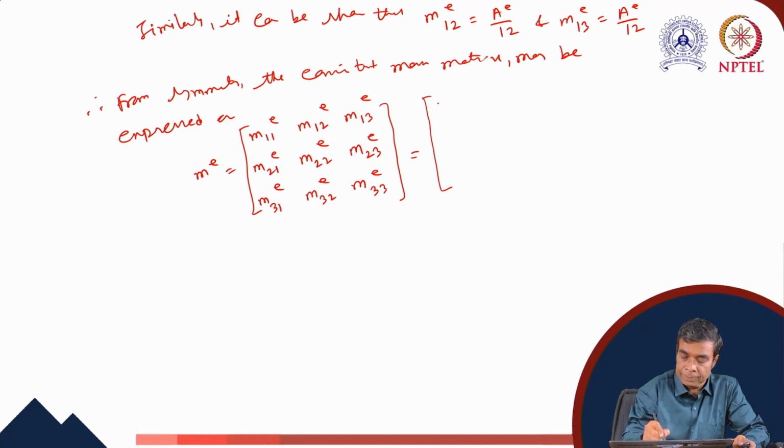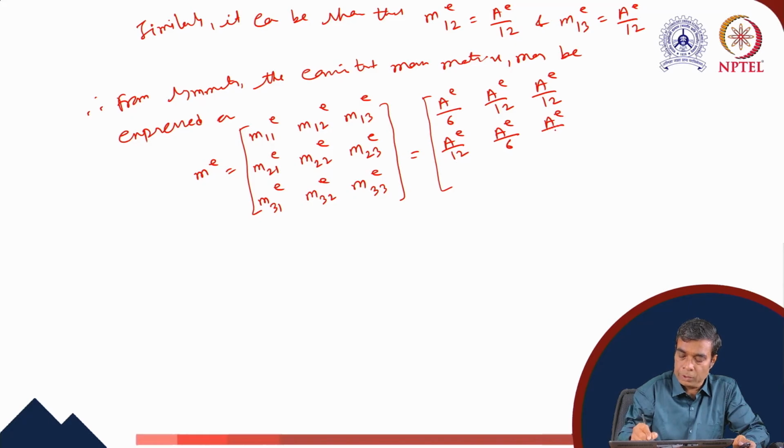So this is Ae by 6. The remaining two terms in the first row are Ae by 12, Ae by 12. In the second row, we have Ae by 12, Ae by 6, Ae by 12. In the third row, we have Ae by 12, Ae by 12, Ae by 6.